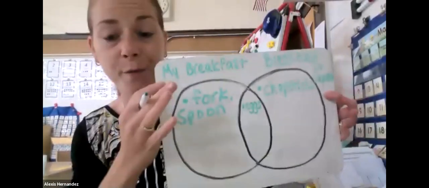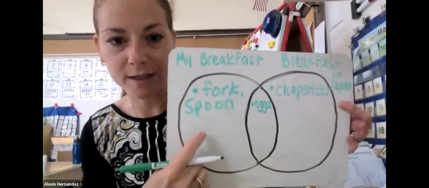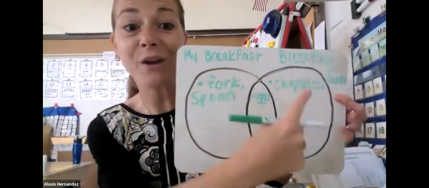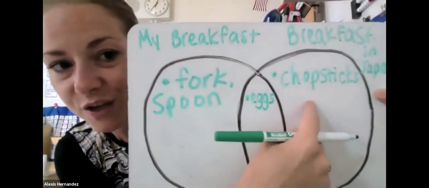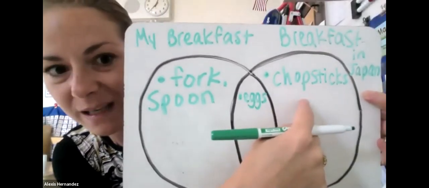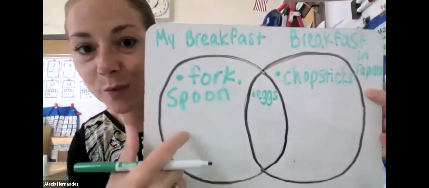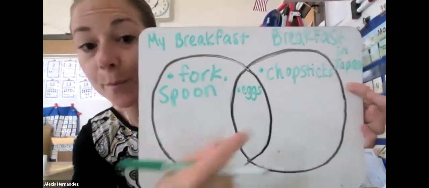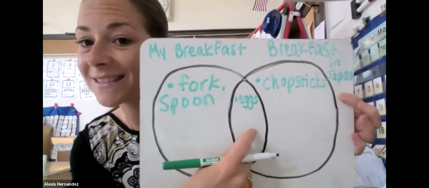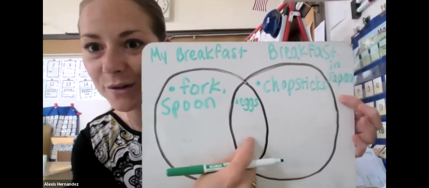But that little girl, she was using what? Chopsticks. Interesting. So look at this. For my breakfast, I use a fork and a spoon, but in Japan, you use chopsticks. So that goes in the Japanese side. And my breakfast, where I use a fork and spoon, goes in this side. But we both eat eggs, so that goes in the middle.